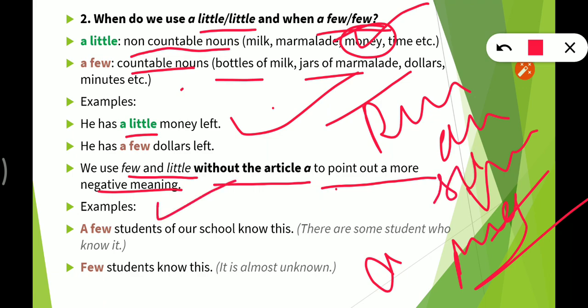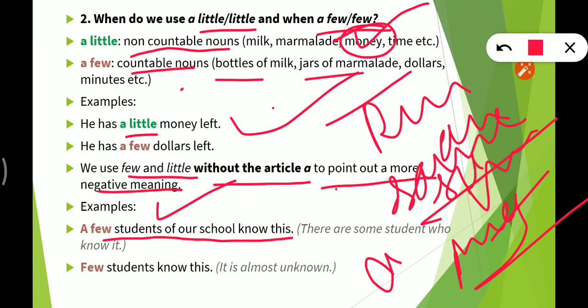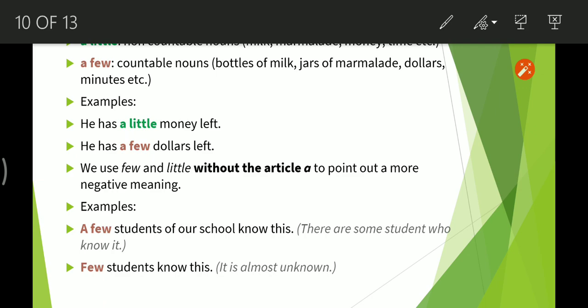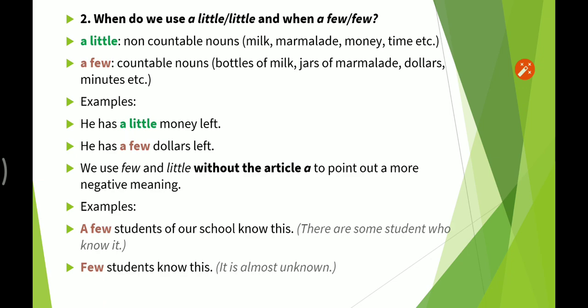Let me show you an example. A few students of our school knew. A few means some, only some students know about this, and few means about no one, okay. I hope it is clear. A few means some and few means no. Let's move to the next one.